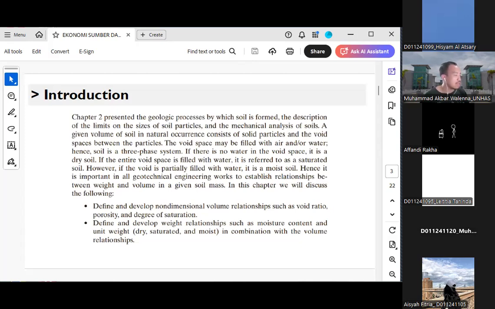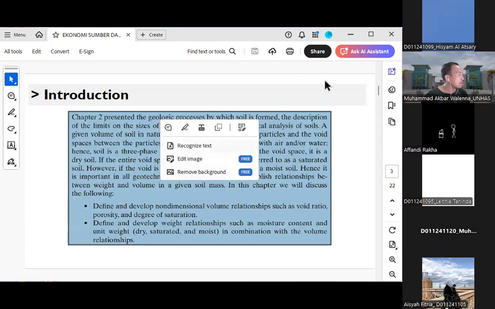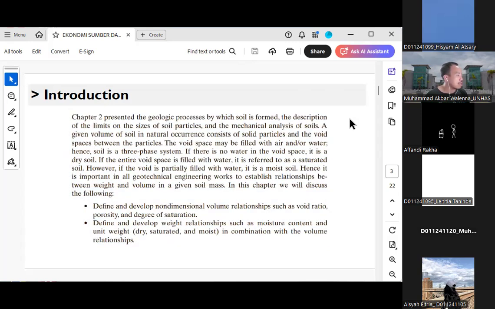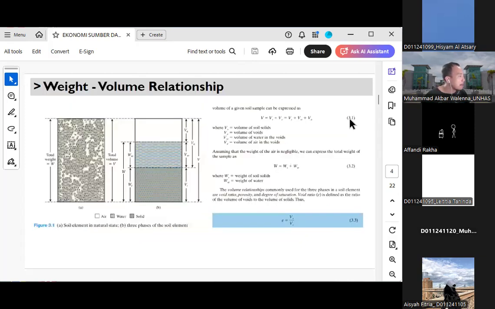Basically, that's what we aim for out of this lecture. Moving on to the next slide, we are going to focus more on the calculation and understanding of this three-phase system.